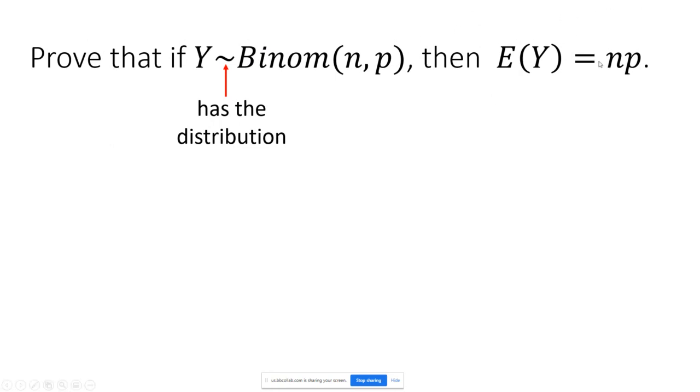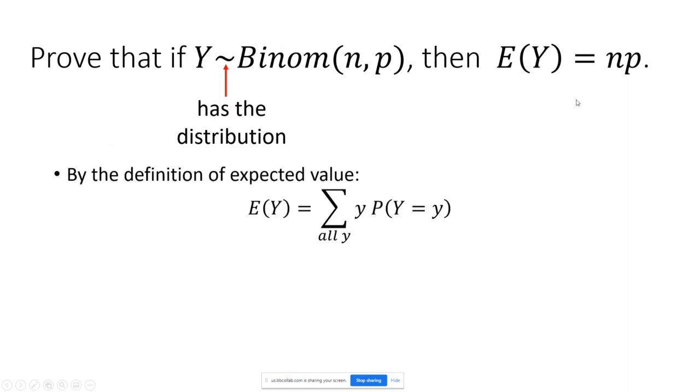Then we want to prove that the expected value of y equals n times p. So to start us off, let's start with the definition of expected value. The definition of expected value is we're going to take the sum over all the values little y of y times the probability of y.